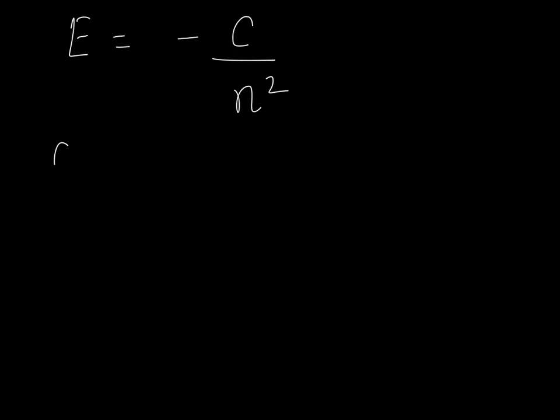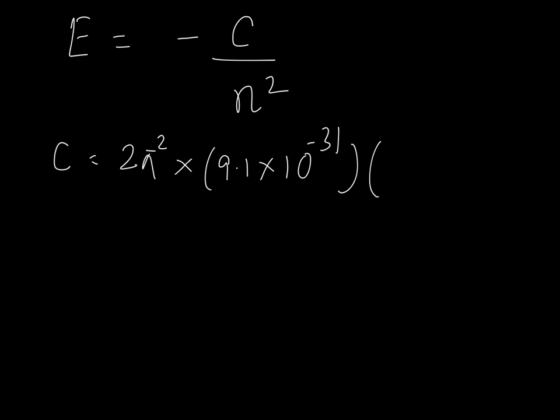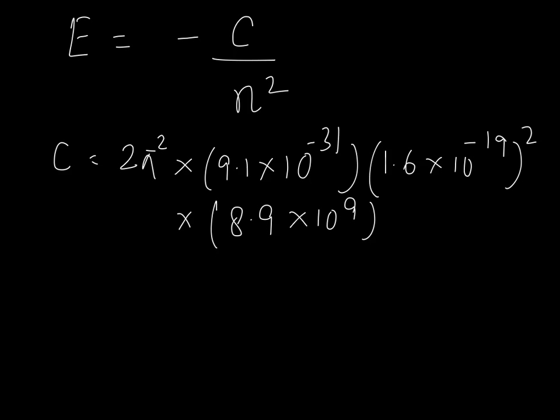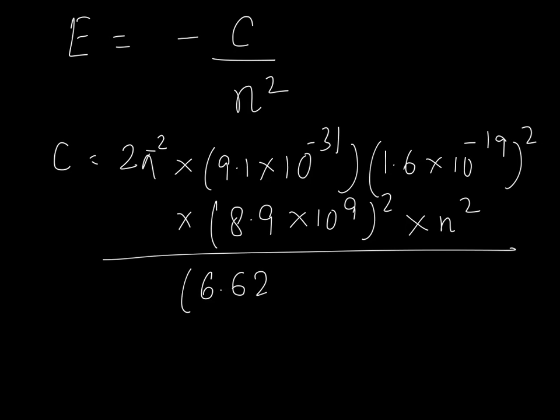So technically c is equal to 2 pi squared, then the mass of the electron, 9.1 times 10 raised to the power negative 31, multiplied by the charge on the electron, 1.6 times 10 raised to the power negative 19 squared, multiplied by the constant k squared, 8.9 times 10 raised to the power 9 squared, divided by h squared, which is 6.626 times 10 raised to the power negative 34 squared.